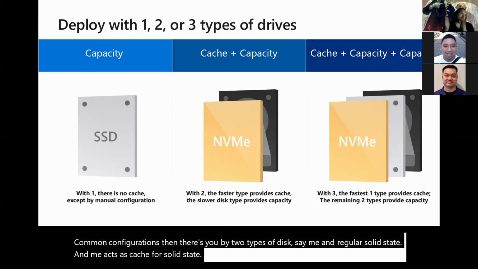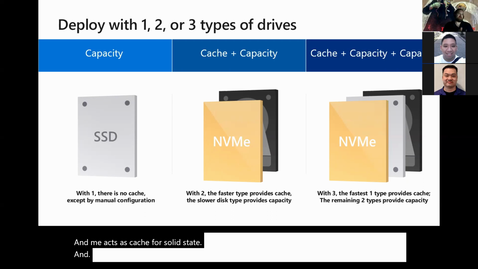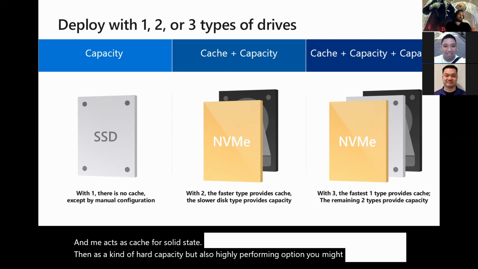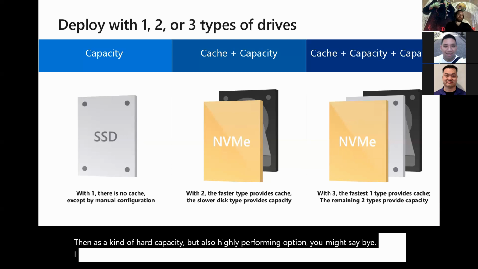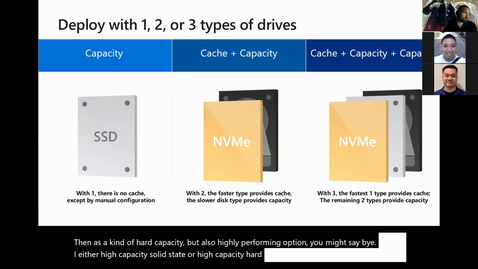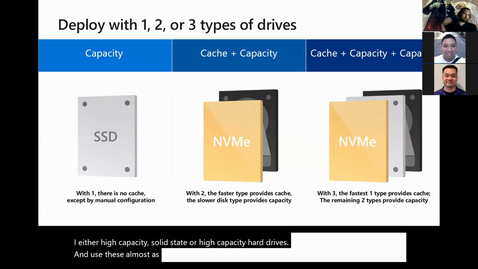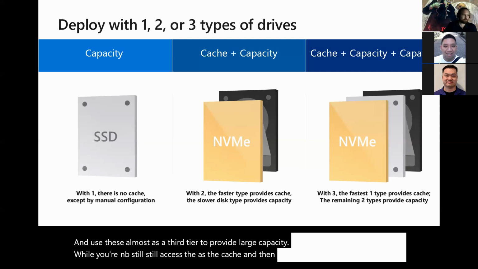And then as a kind of high capacity, but also highly performing option, you might buy either high capacity solid state or high capacity hard drives, and use these almost as a third tier to provide large capacity, while your NVMe still acts as the cache, and then your solid state is for your warm or slightly hot data.